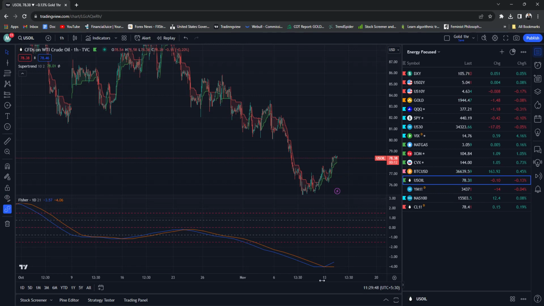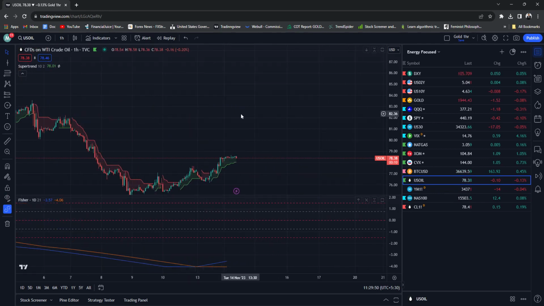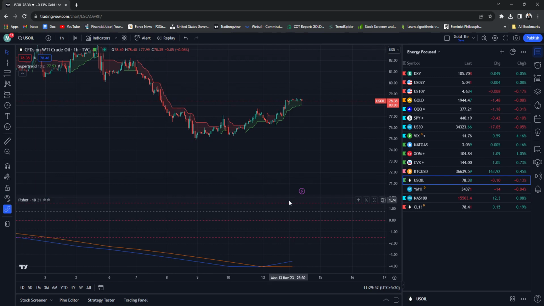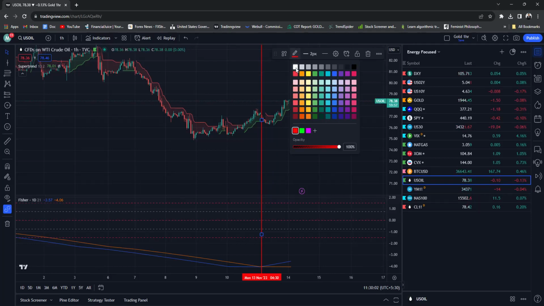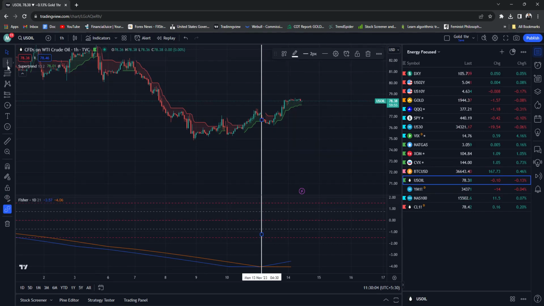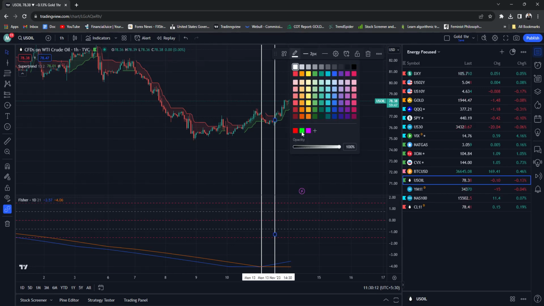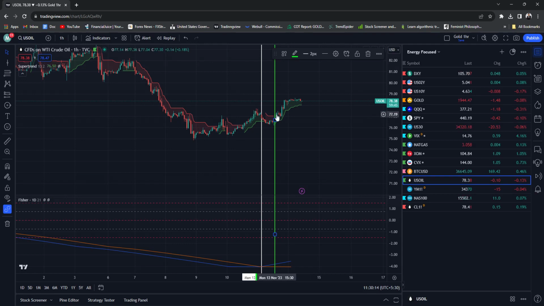If we look at right now, we had the Fisher change on the 13th of November yesterday, and then we got the signal later yesterday as well on crude on the bullish side.